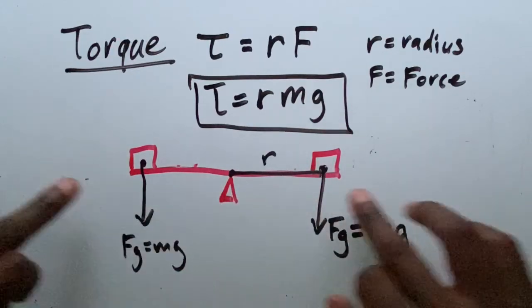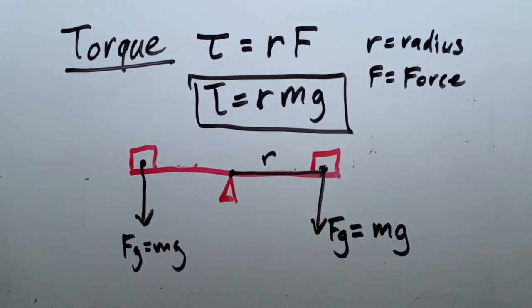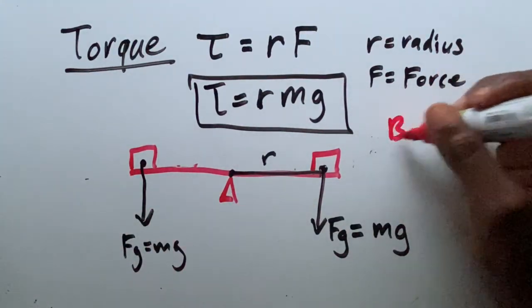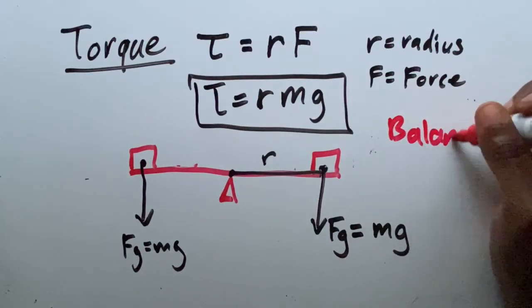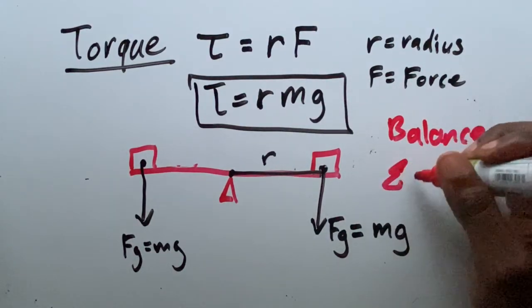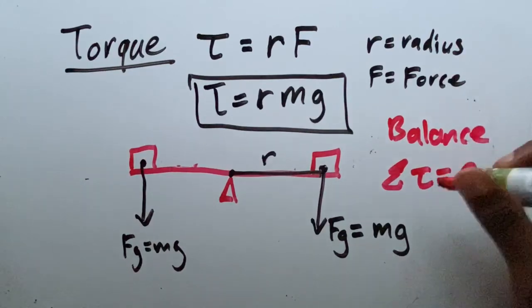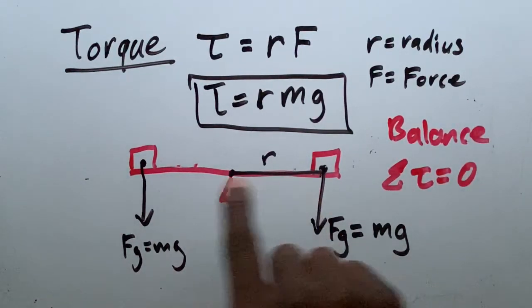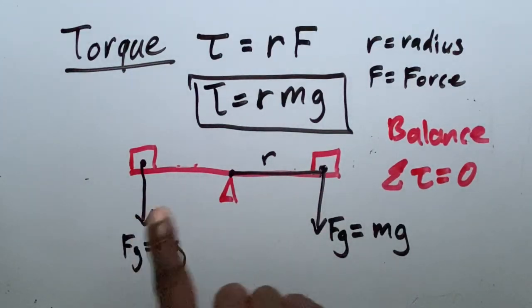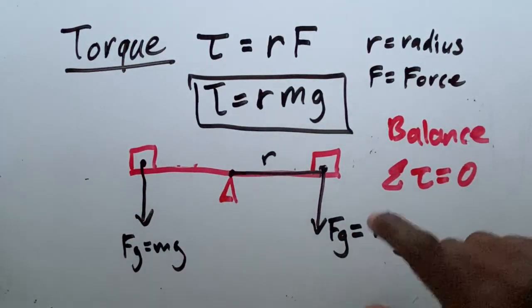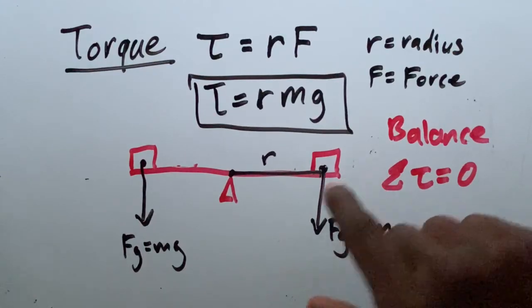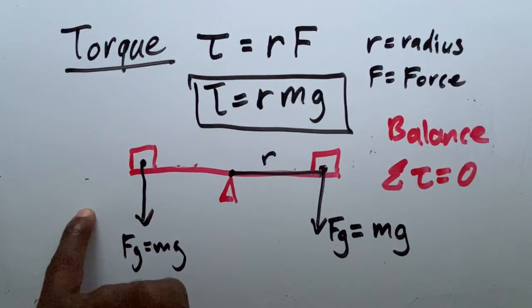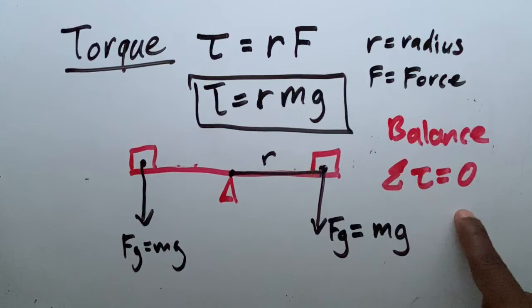So in order for the seesaw to balance, the sum of the torques has to equal 0. That's key. So each one of these masses is causing a torque, right? So the torque from this mass must balance out with the torque from this mass to give us a sum of torques of 0 so that the seesaw balances.